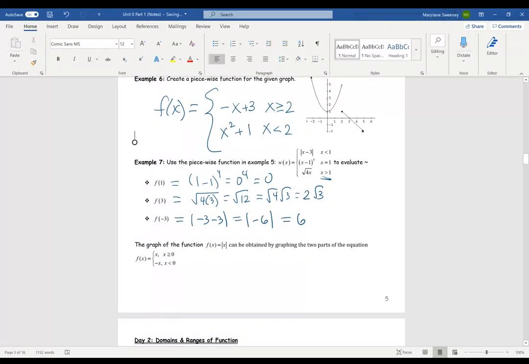And then finally, graph the function f of x equals the absolute value of x, or the graph can be obtained by graphing the two parts of the equation. Okay, f of x equals x, where x is greater than 0. So if you think about it, y equals x, that's generally a straight line going through 0, 0 and all the corners. But you're only graphing when x is greater than or equal to 0.